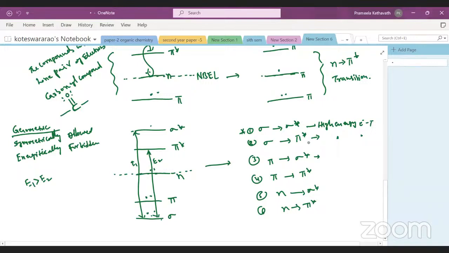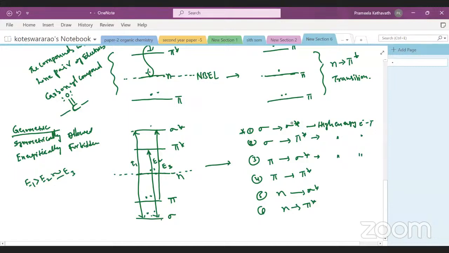Now here also, pi to sigma star. This is almost equal to the second one. This is also a higher energy electron transition. Comparing 2 and 3, they have more or less the same energy, labeled E3.